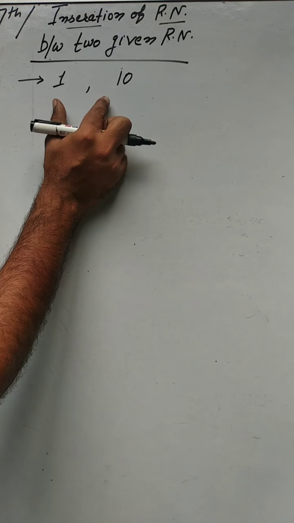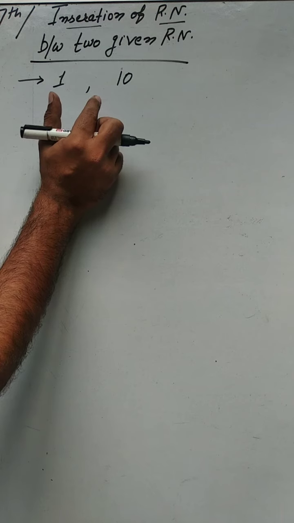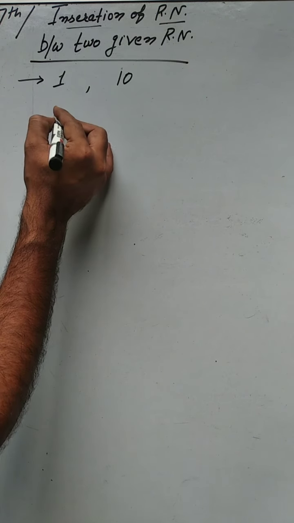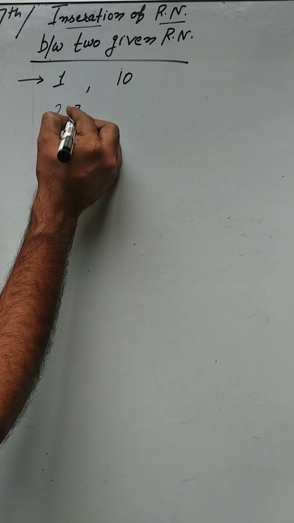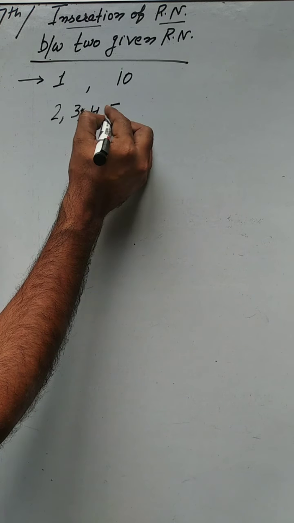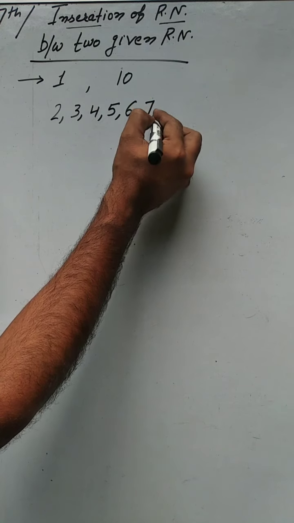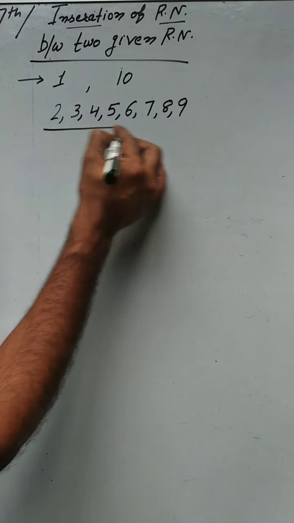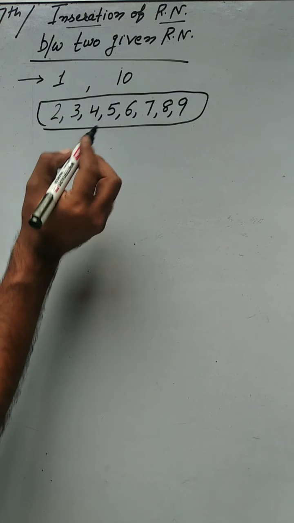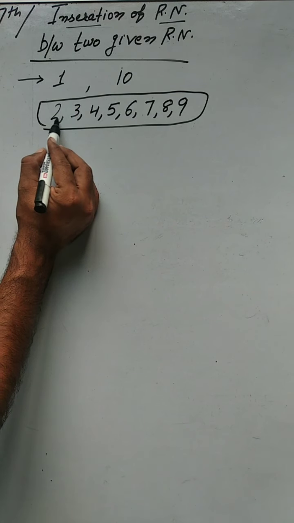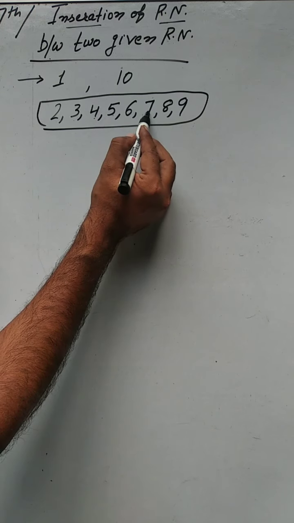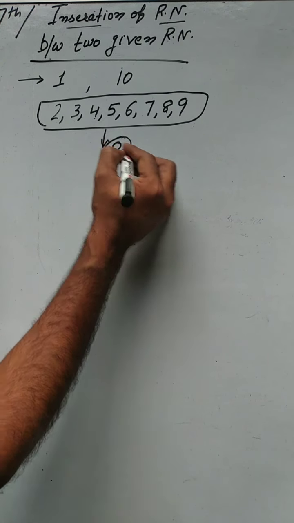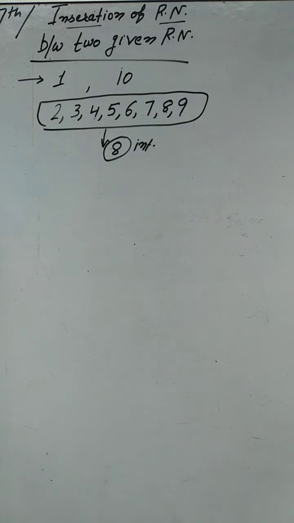Then clearly the integers between 1 and 10 will be 2, 3, 4, 5, 6, 7, 8 and 9. Means between 1 and 10 there are these integers. How many are these? 1, 2, 3, 4, 5, 6, 7, 8. How many? 8 integers. Okay beta.